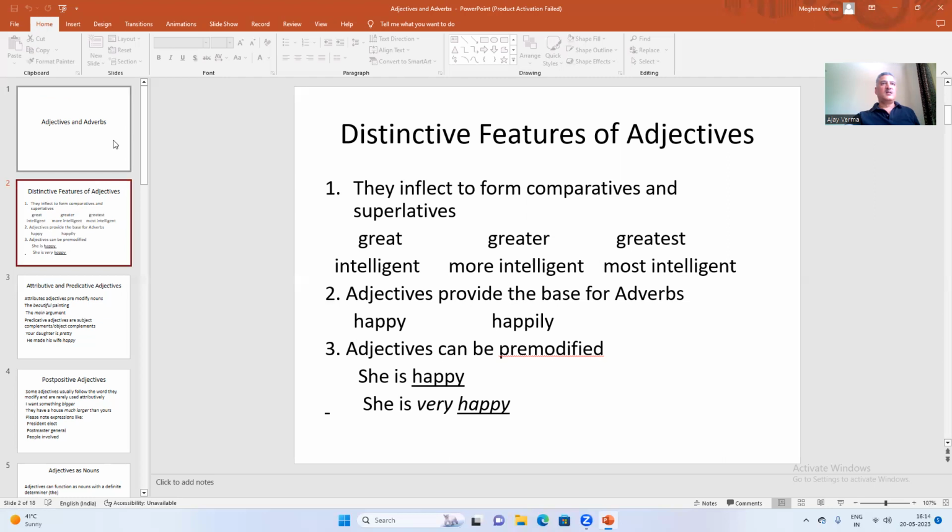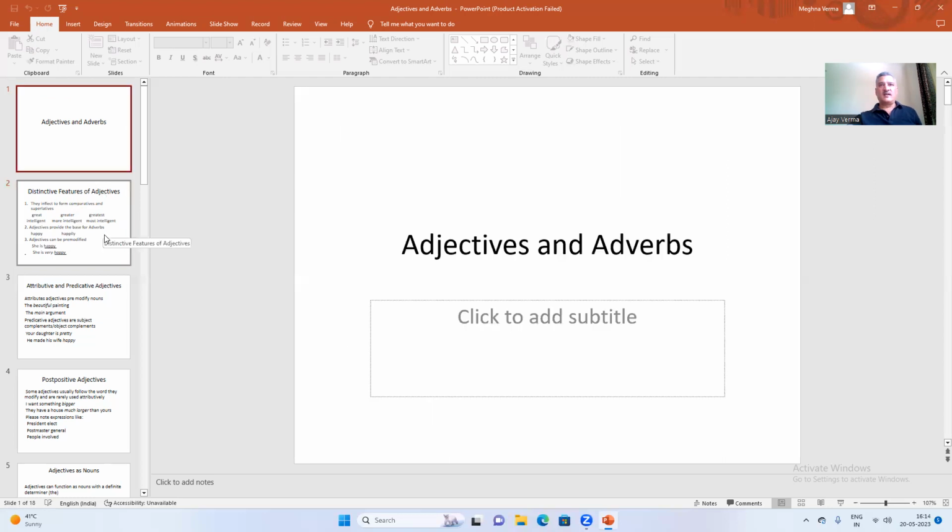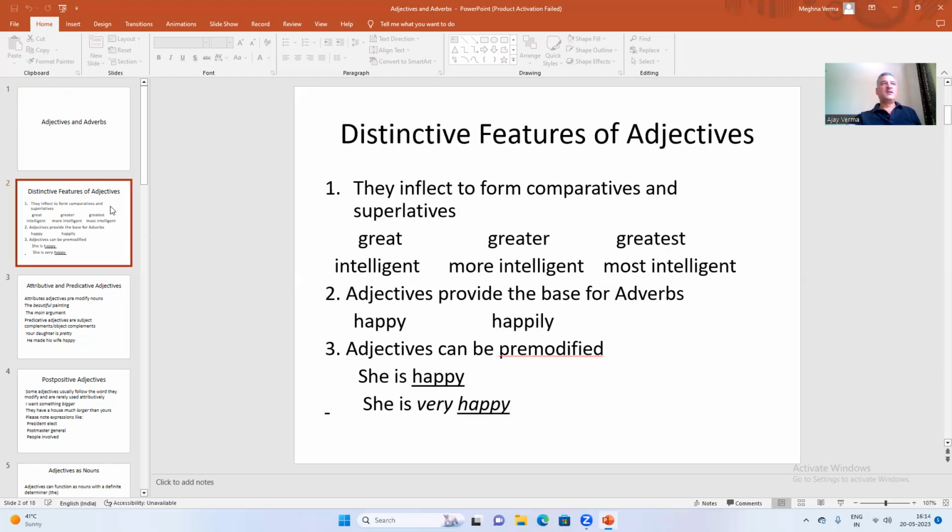So, this is the title slide, adjectives and adverbs. Then we come to the first slide, distinctive features of adjectives. Okay. How do we identify adjectives? So, the first distinctive feature of adjectives is that most of the adjectives are gradable.